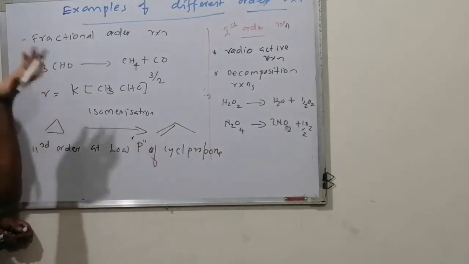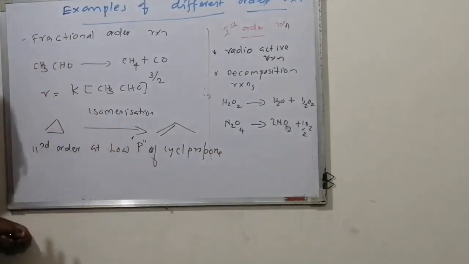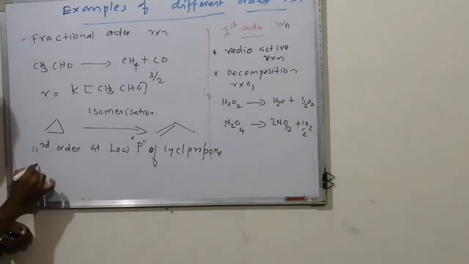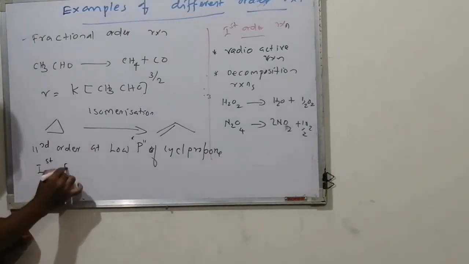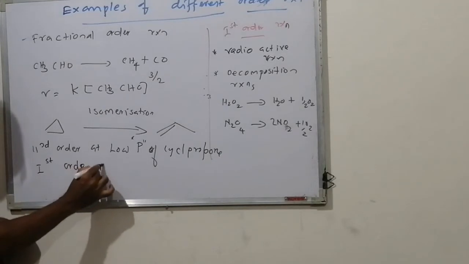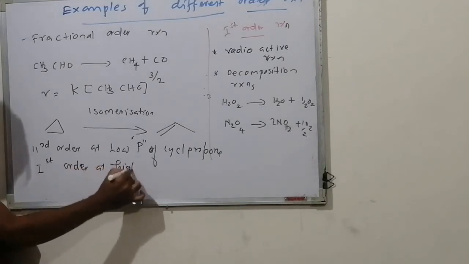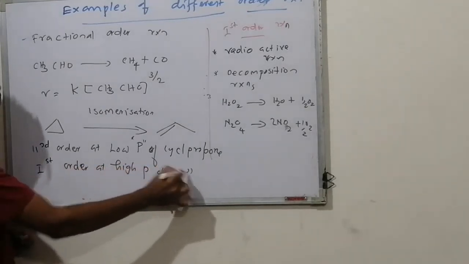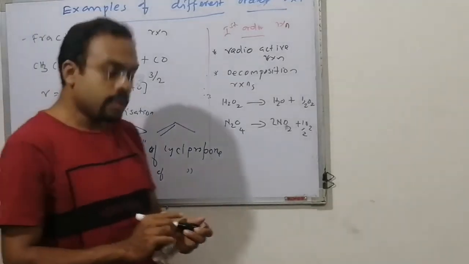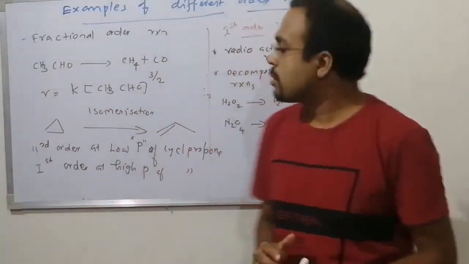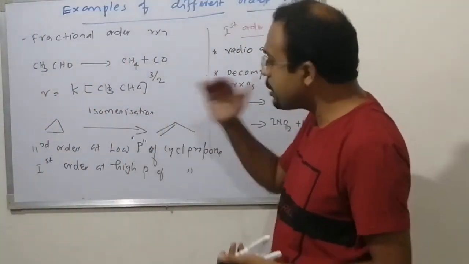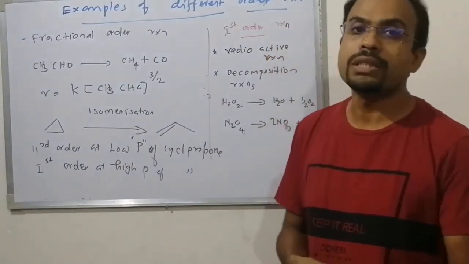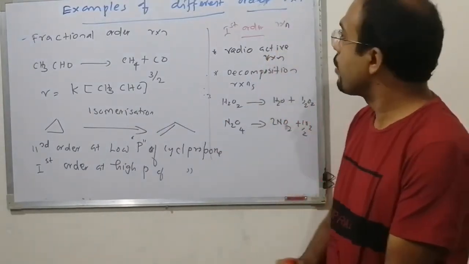When cyclopropane pressure is low, it is a second order. But it is first order at high pressure of cyclopropane. This is one of the evidences that when experimental conditions change, order will change. Fine.